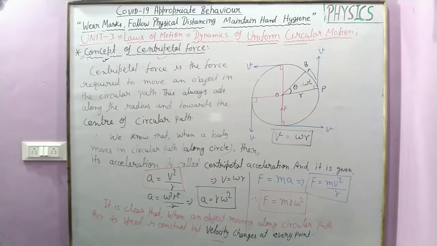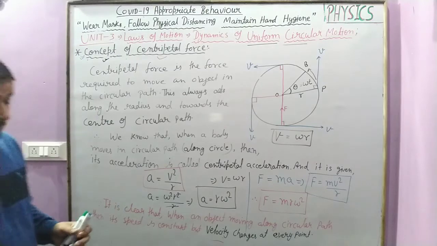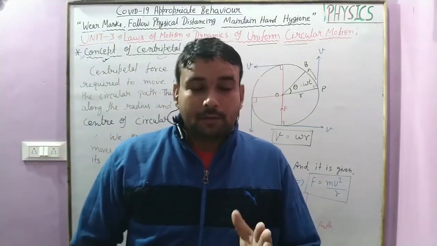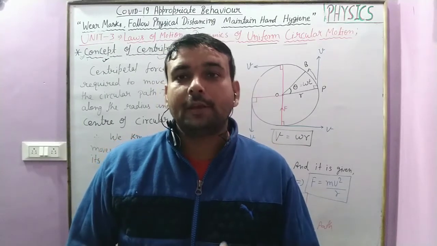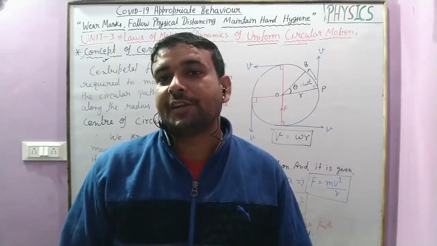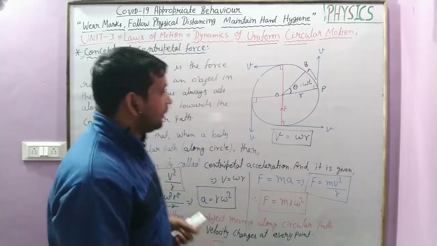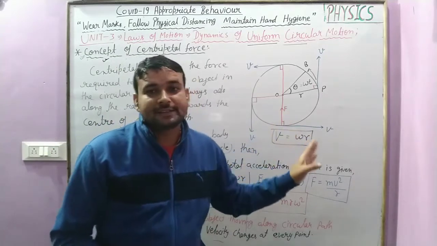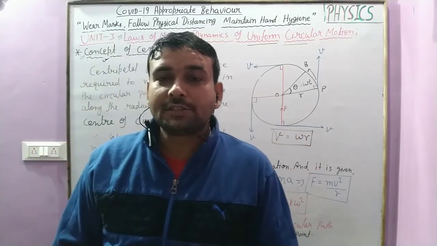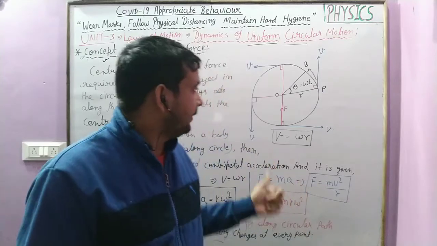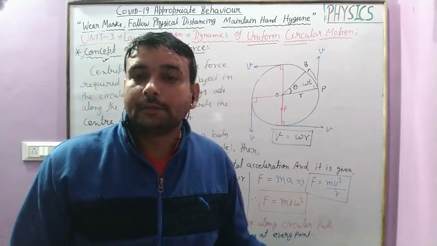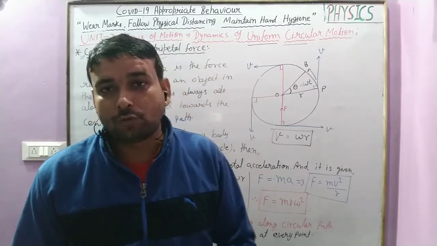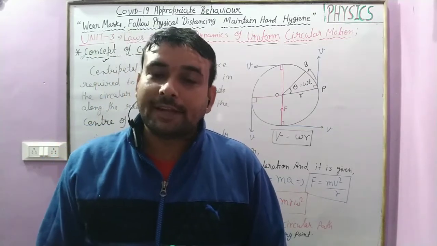Now next, when a body is moving in a circular path, as the body has a tendency to move in a straight line path, a force acts in reaction to the centripetal force, acting in the opposite direction and along the radius, which is known as centrifugal force.